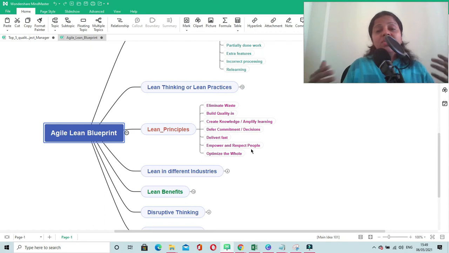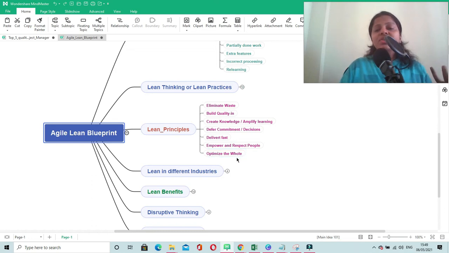If you continuously micromanage your team, there might be a possibility that your team might not be motivated to work and their morale will be down. So you have to empower your team and you have to respect your team. You should not suspect them.